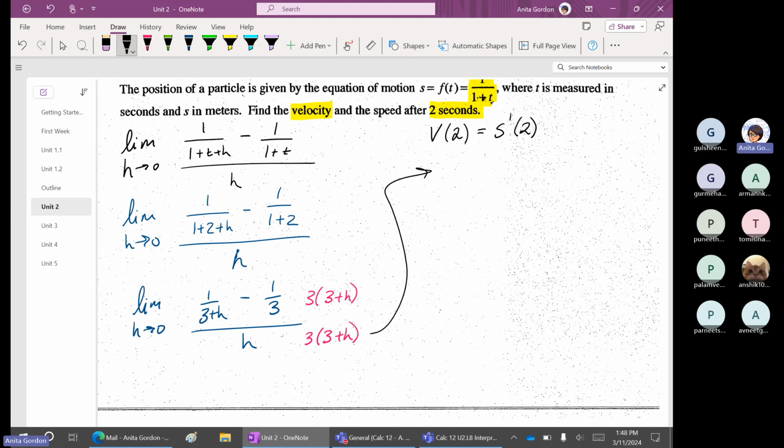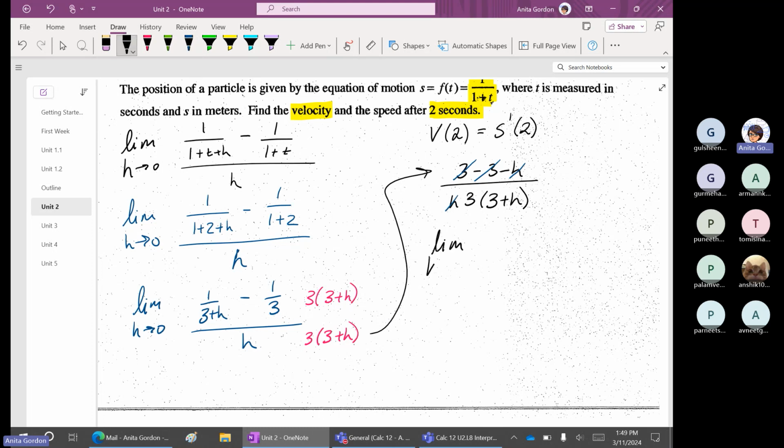I'm going to move over here. This gives me 3 minus 3 minus h all over h times 3 plus h. All right, so I distributed the negative, multiplied top and bottom. My 3's at the top cancel, my h also cancel.